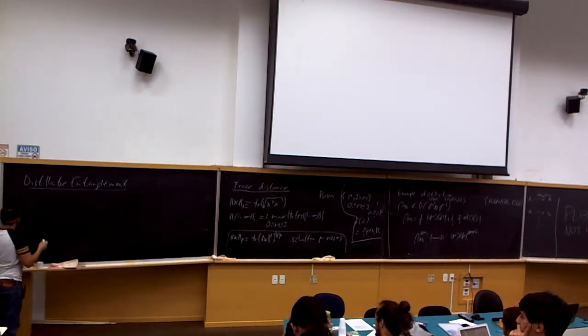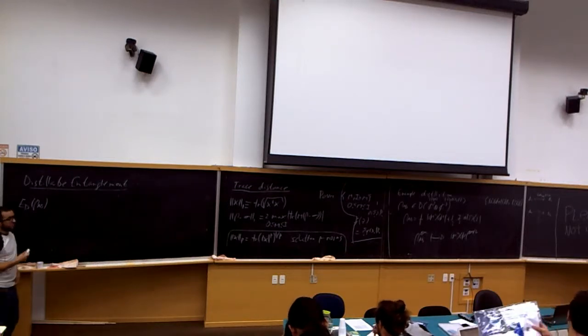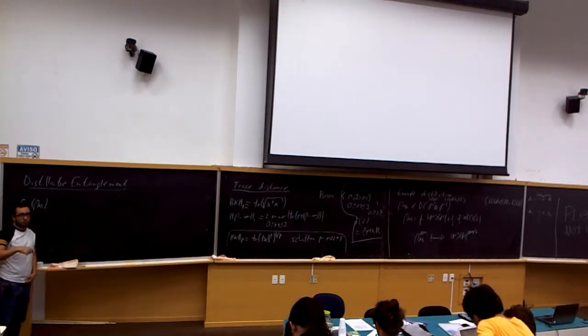So now let's define a function, E_D, of a bipartite state rho AB, which we call distillable entanglement. It is the best rate that we can get for transforming the state into EPR pairs.